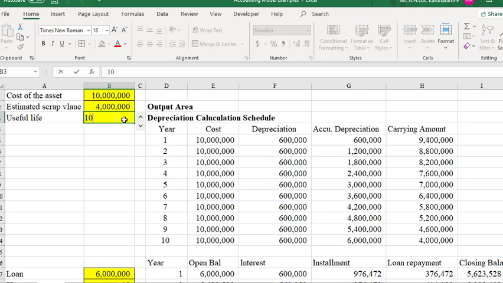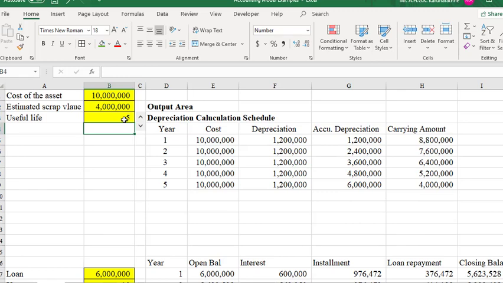Now we put it as 5 years like this. It's an input. So whenever you put 5 years, our model automatically adjusts and computes depreciation like this. If the management decided, let's say, a useful life of 2 years, we just put 2 years and our model will compute depreciation for 2 years.